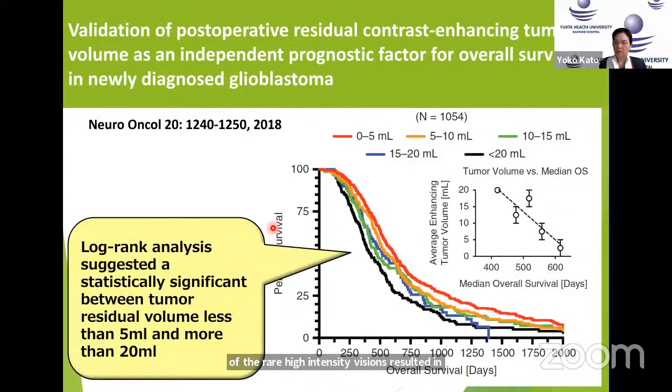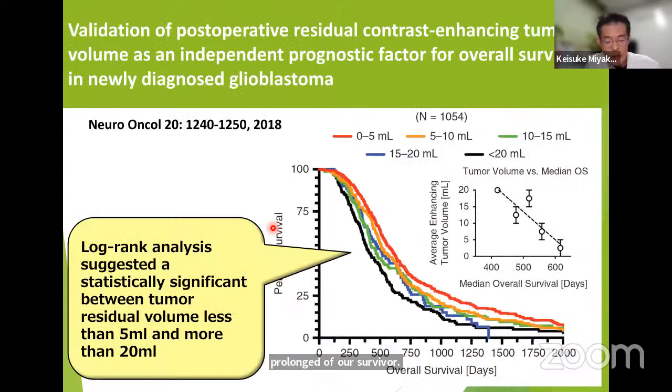As for the prognosis of glioblastoma, this paper indicates that removing tumor residual down to less than 5 milliliters using enhanced MRI results in an improved prognosis.